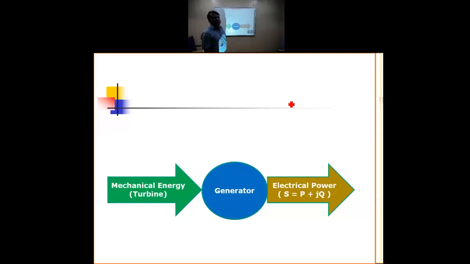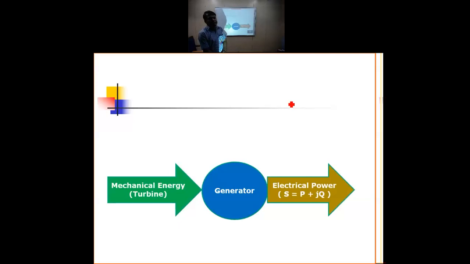Both together constitute the total electrical power, that is S, the apparent power. P is the real power, in megawatt, kilowatt. Q is the reactive power, in var, kvar, Mvar, and S is the total power, in kVA, MVA.